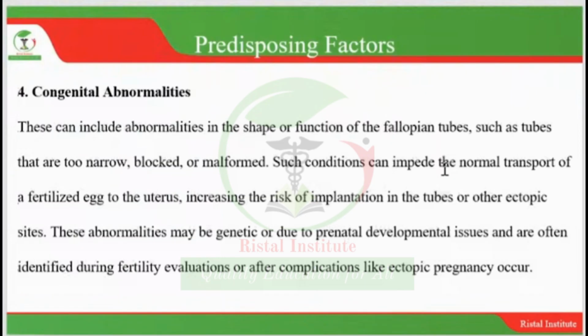The fourth predisposing factor is congenital abnormalities in the structure or function of the fallopian tubes, such as tubes that are too narrow, blocked, or malformed. Such conditions can impede the normal transport of a fertilized egg to implantation, leading to implantation in the tubes or other ectopic sites, maybe like the abdominal cavity.